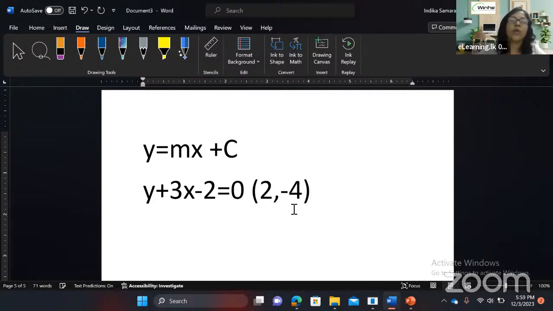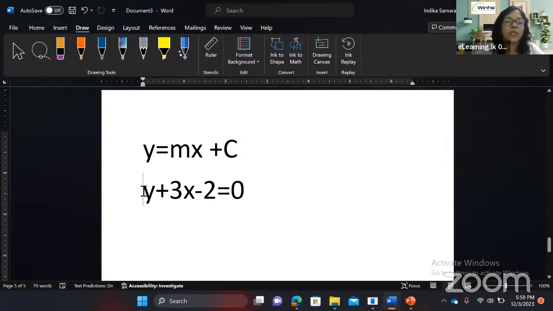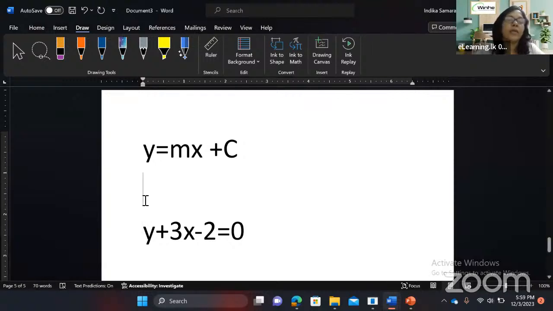Now it asks you to find the equation of the perpendicular line, right?